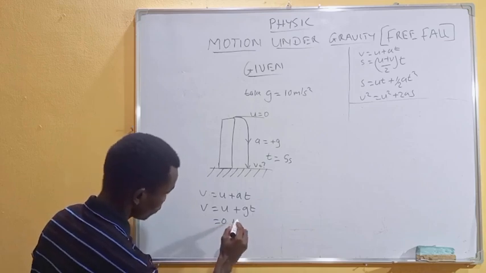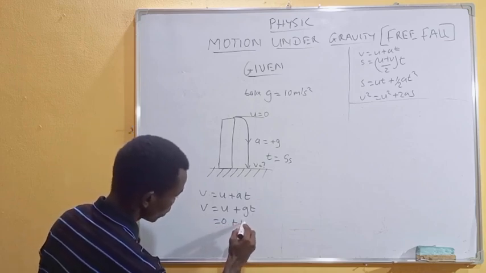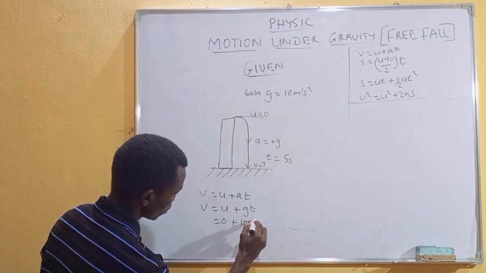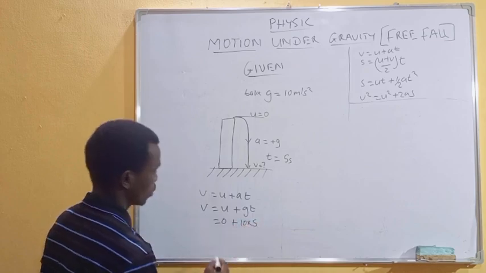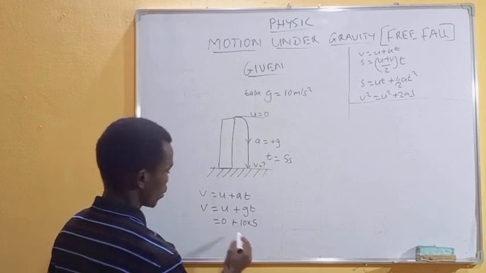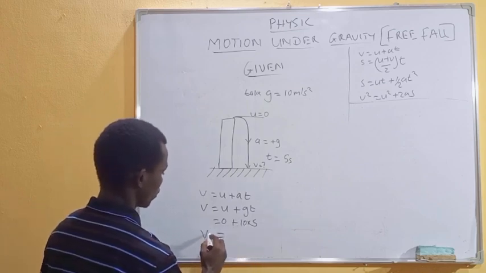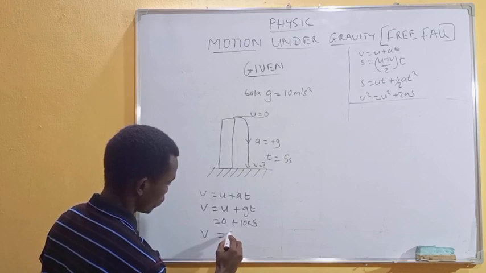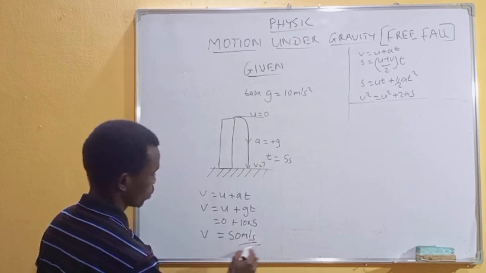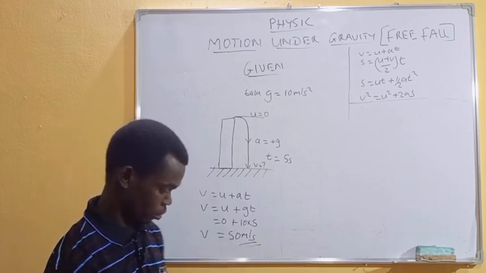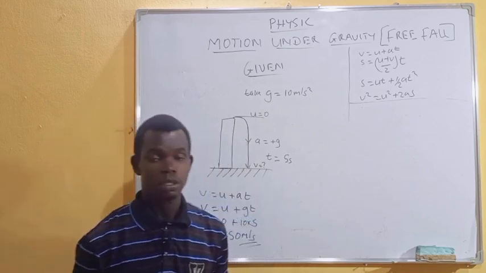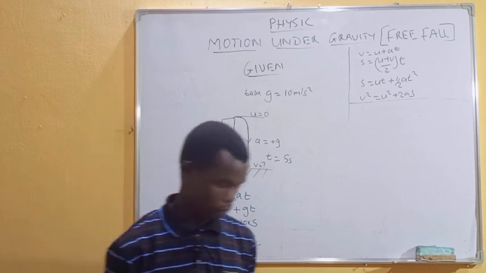So it will now be 10 times the time, which is 5. Therefore, 10 times 5, the final velocity will now be 50 meters per second. That is for question 2. Let's go to question 3.